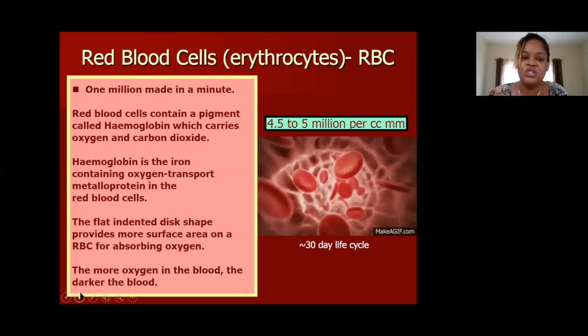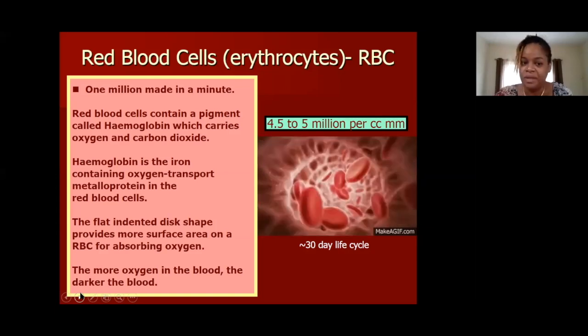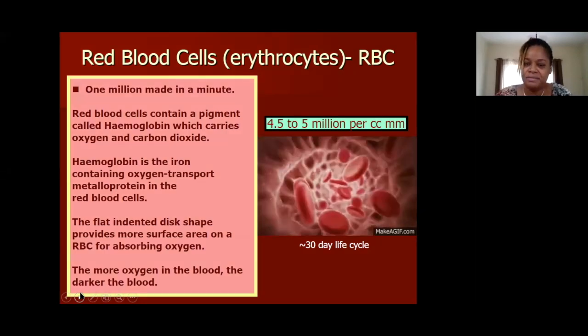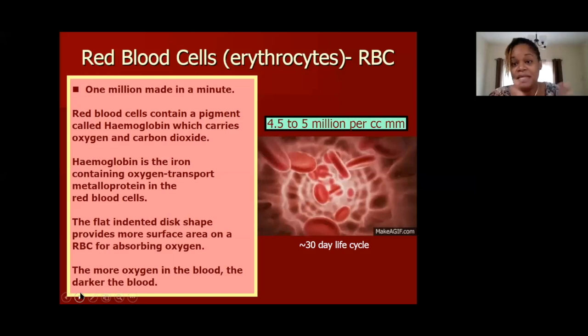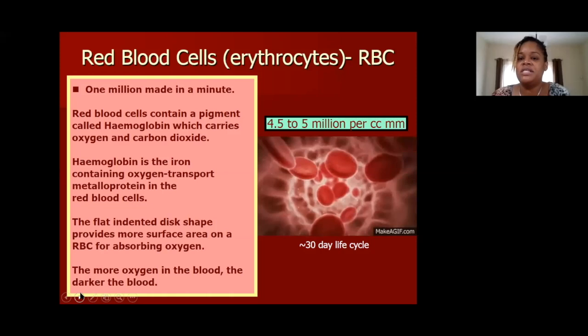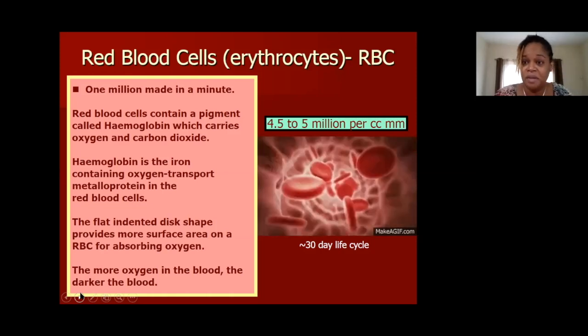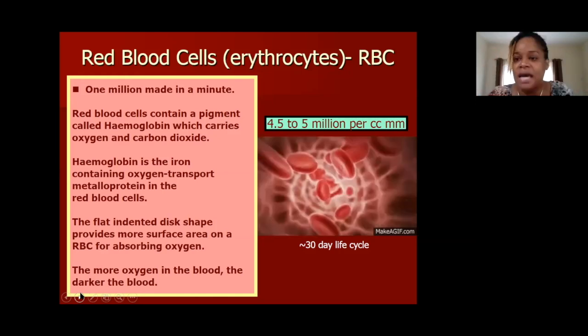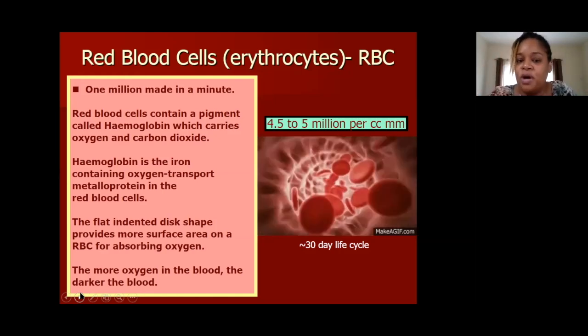It attaches to hemoglobin. Now, hemoglobin is iron, basically. And what happens is oxygen attaches to the iron, making it oxyhemoglobin. And by attaching to the iron, it is able to be transported around the body.